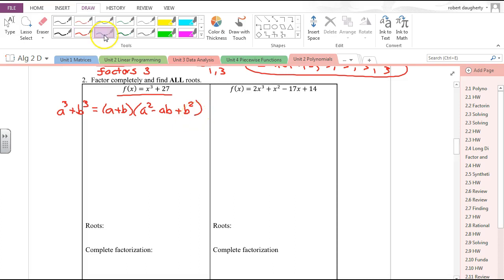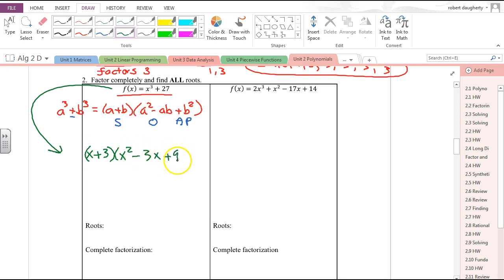The way we remembered that was this has the same sign as what you see right there, this has the opposite sign, and this one is always positive. So in this case, when I factor the polynomial, this will be x plus 3 times x squared minus 3x plus 9.